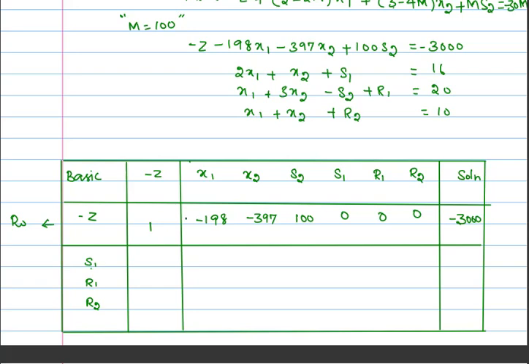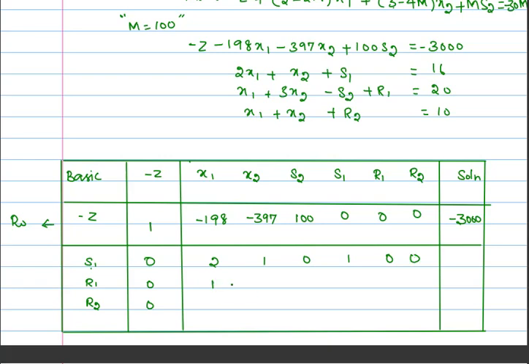Now the s1 row, from our first equation, has coefficients 2 1 0 1 0 0 with right hand side 16.